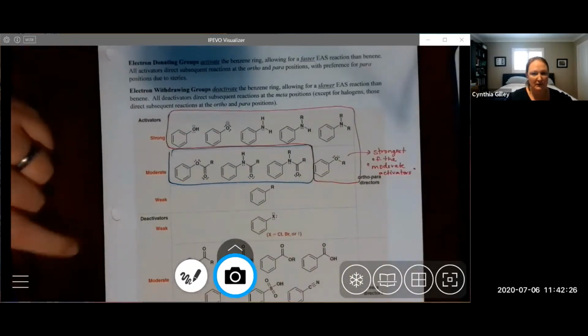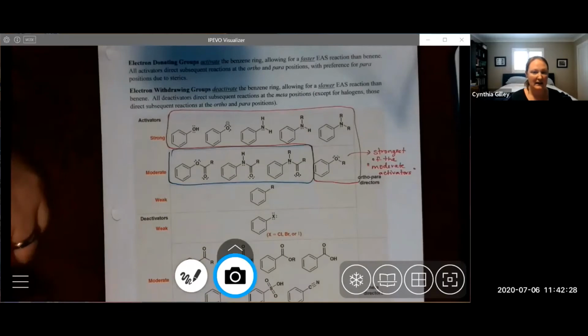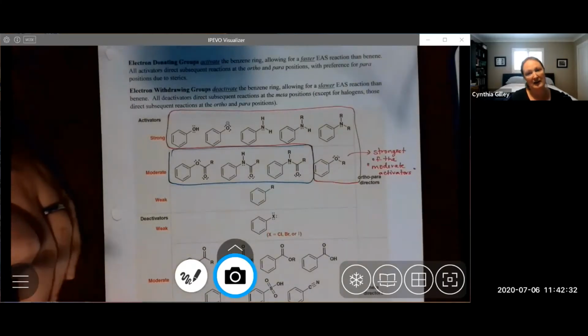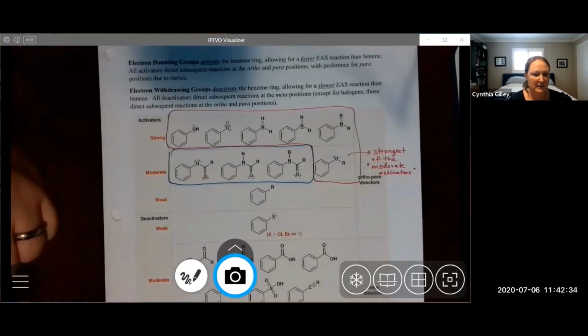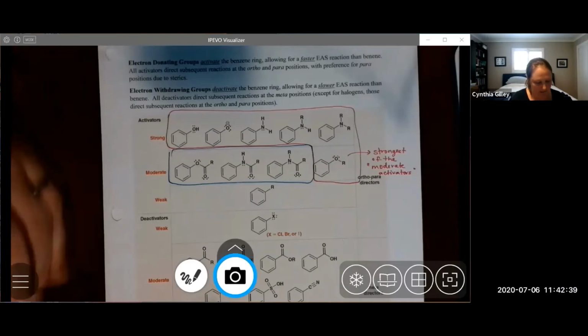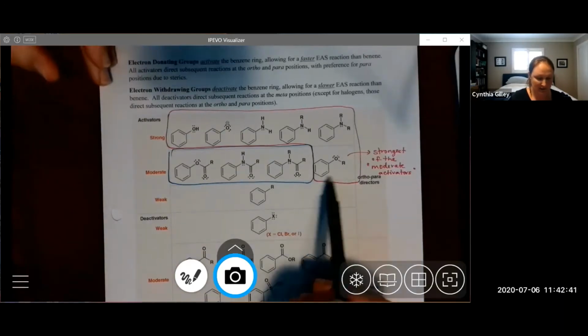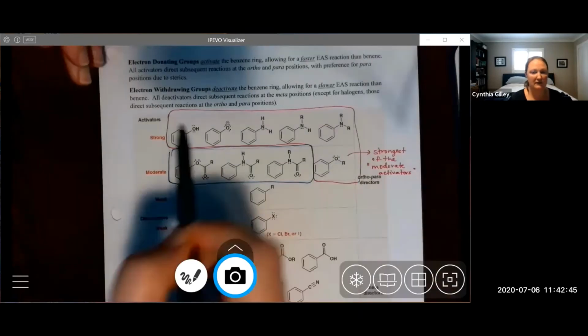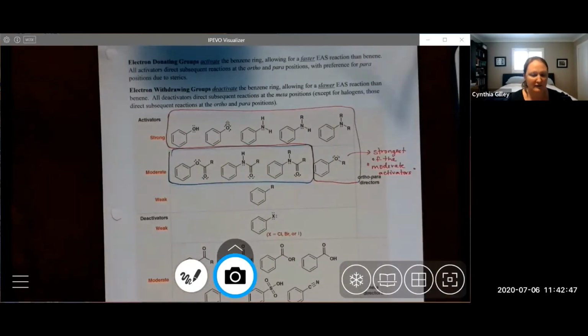And somewhere they drew a line and said anything this fast is going to be called strong, and anything not as fast as that is going to be called moderate. They drew the line in such a place that unfortunately this one got grouped with these instead of up here. So I'm calling it a moderate activator, but I think of it as kind of a strong activator. It's basically the strongest of the moderate activators.